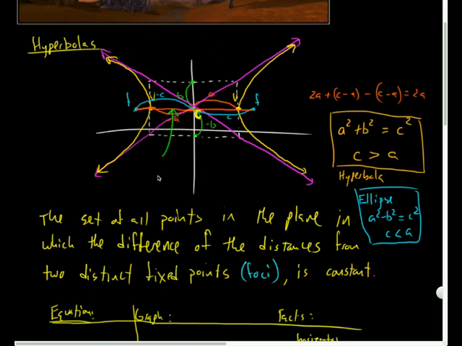Yeah, so transverse axis, which by the way happens to have a length of 2a, and the conjugate axis, which is 2b in length.